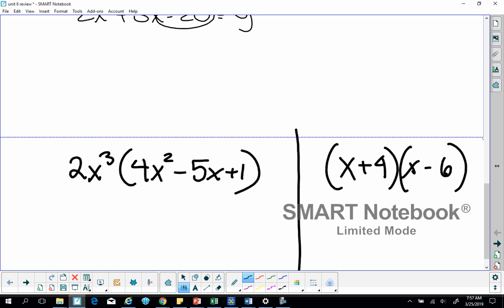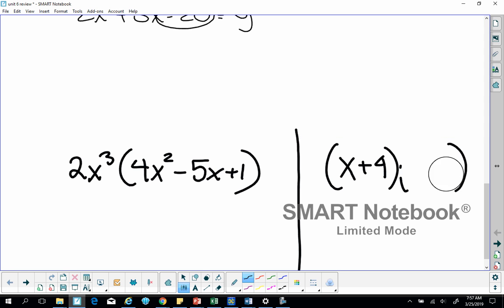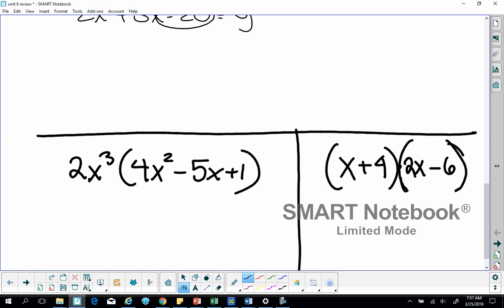I'm actually going to change all these. I'm going to change this to 2x minus 6. What do I do with the coefficients? What do I do with the numbers, the big ones? Like 2 and 4, what would I do with those two? Multiply, so what's 2 times 4? 8.